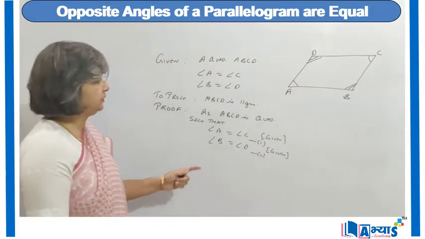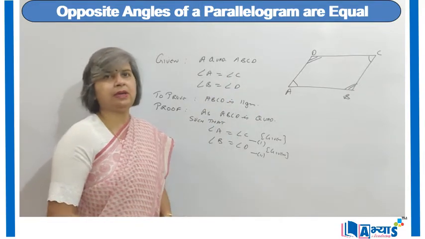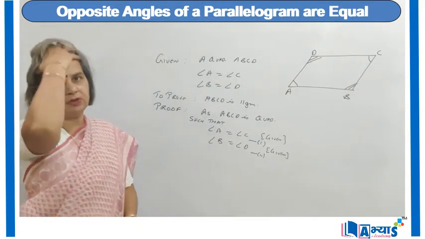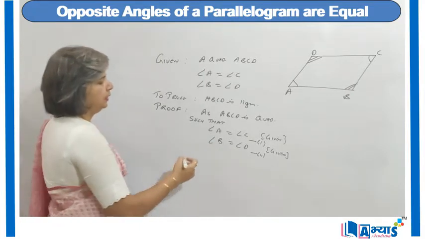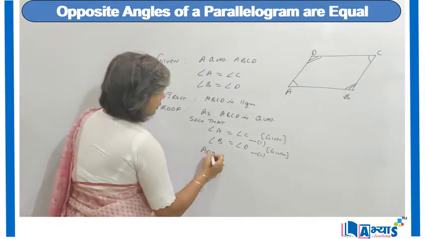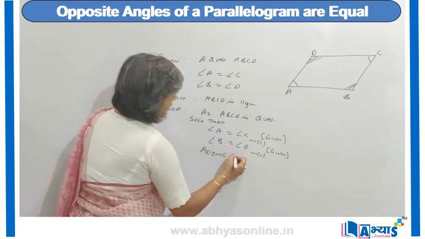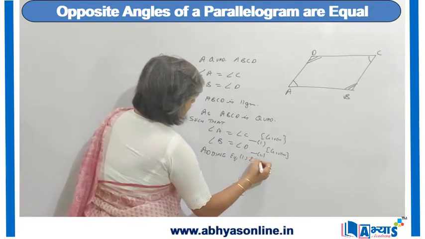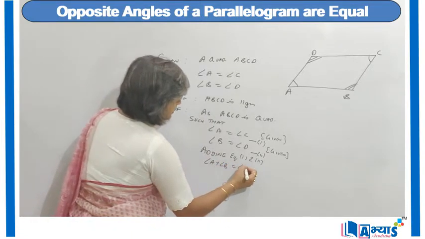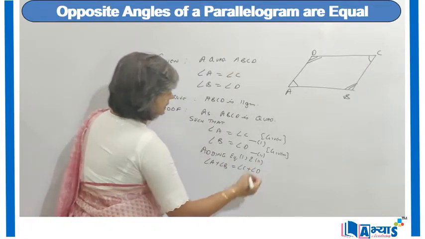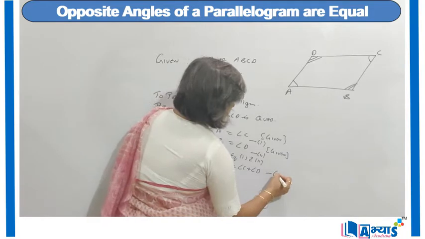Now in equation 1 we have written angle A is equal to angle C because it has been given to us that the opposite angles are equal, and angle B is equal to angle D. Adding equation 1 and equation 2, I can say that angle A plus angle B is equal to angle C plus angle D. Let us mark it as equation 3.